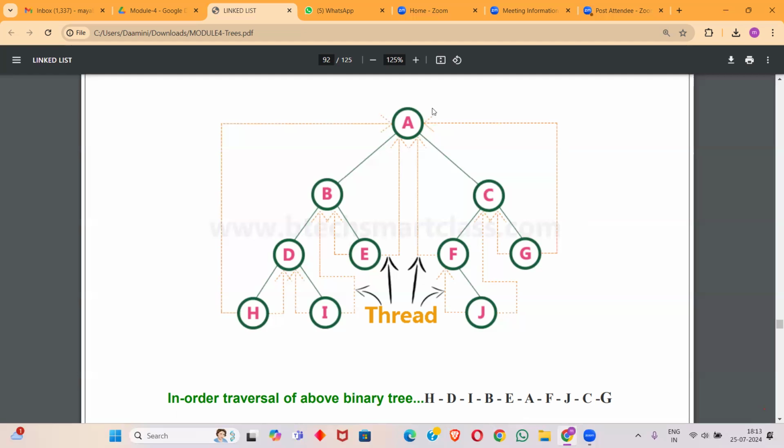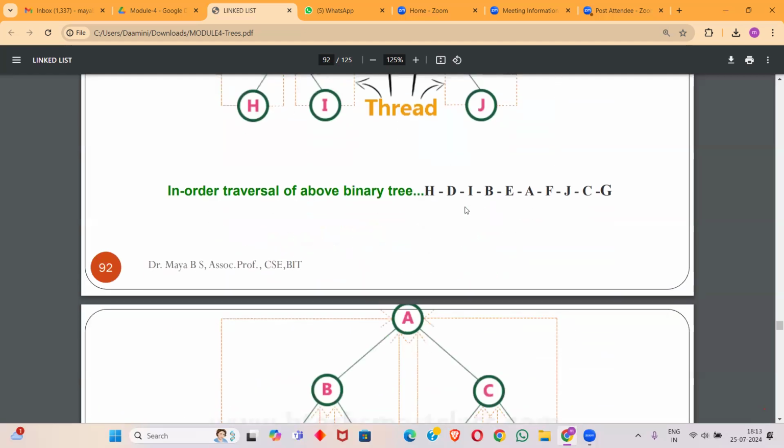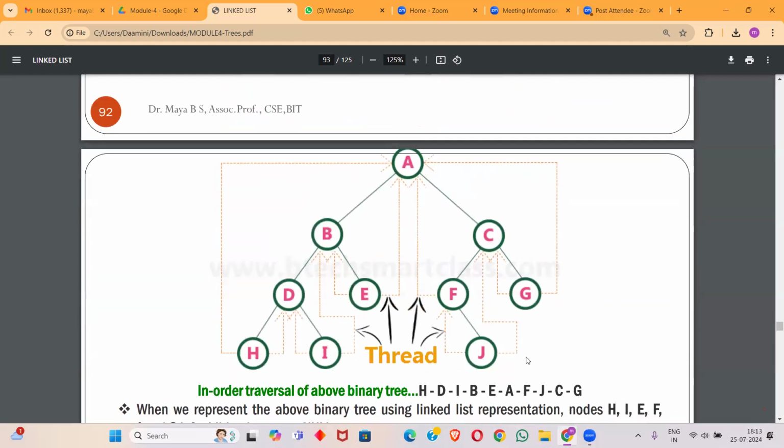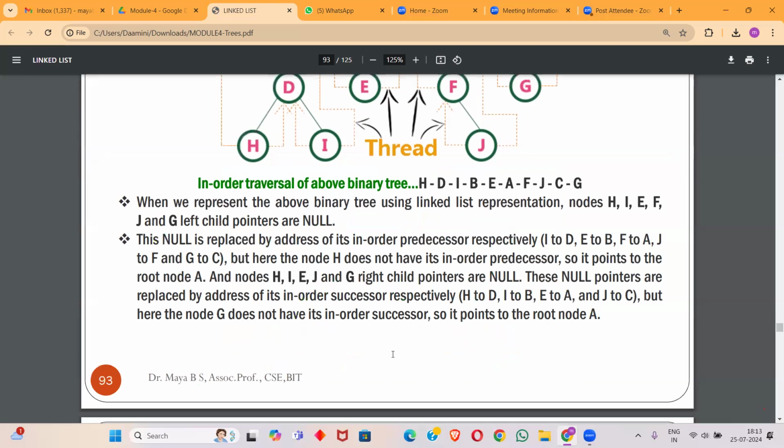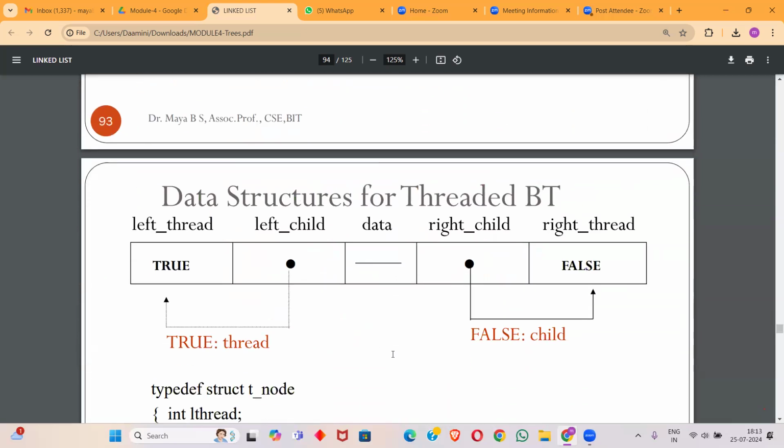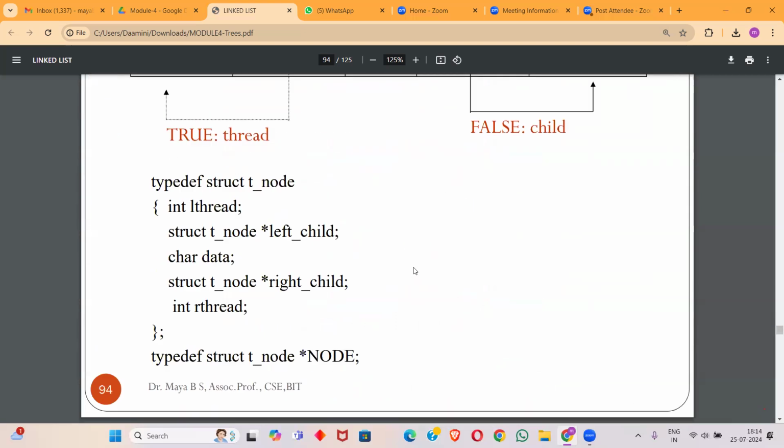I am just giving the link through the dotted line, which we call a threaded binary tree. I represent it in the same format as I do in in-order traversal. The tree will contain the left thread, right thread, left child data and right child data.